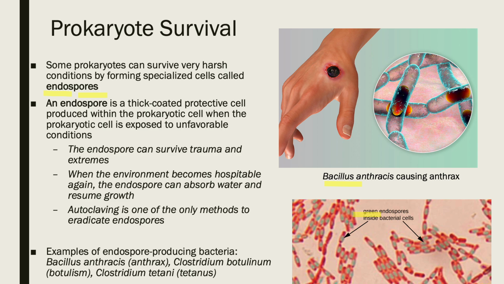We have Bacillus anthracis, which is what will give you anthrax. So back when 9/11 happened, it was 2001. Right after that, the nation was on high alert because we were scared of terrorists. The government told the people that terrorists were lacing American mail with anthrax, which was like a white powder that was the endospore of the Bacillus anthracis bacteria.